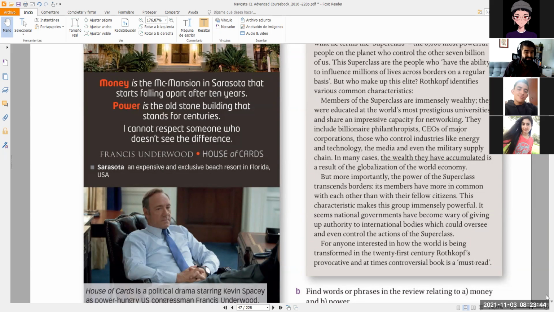And then they say, it seems that the national governments have become wary of giving up authority to international bodies. So it's like the governments don't really trust the international bodies because they know that the super rich people have influence on that. You see, that's basically what they say. As they know that this superclass could have influence on these international bodies, they have become wary.